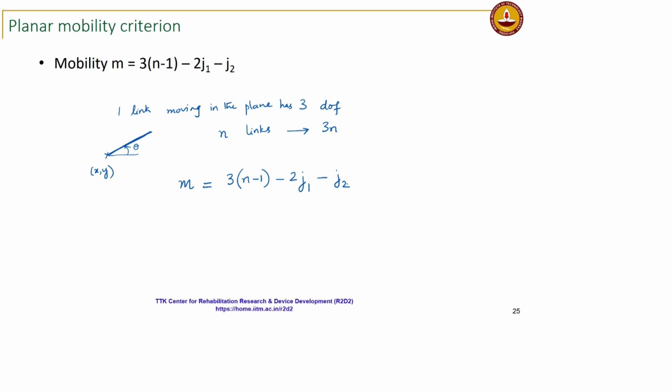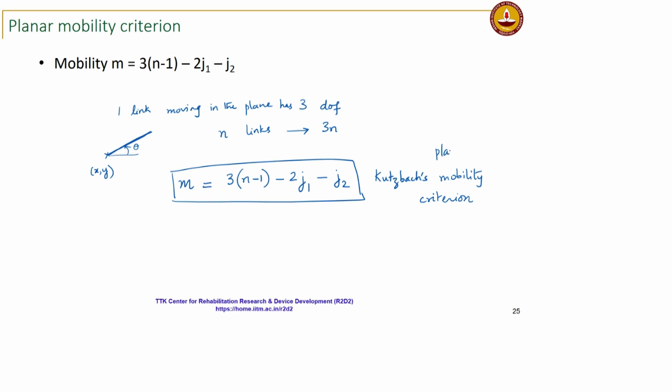I can have sliding and rolling. So, this is how I get the mobility criterion, which is called the Kutzbach mobility criterion, and this is the planar mobility criterion. We will come to the spatial criterion later, because we are starting off by assuming that it has only 3 degrees of freedom in the plane.